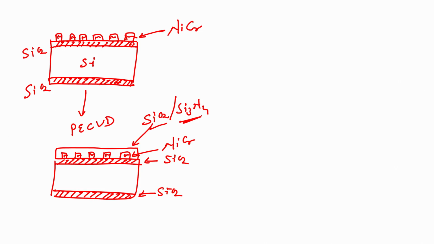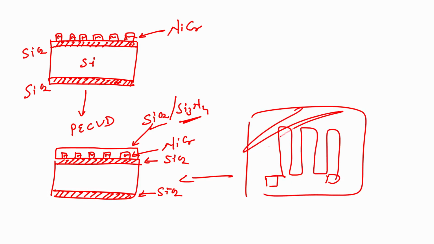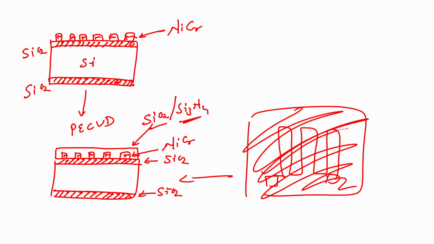No. Why? Because I am not able to access the contact area of the heater. If I draw the top view of this slide, I have a heater and everywhere there is oxide, so I cannot hit the heater.